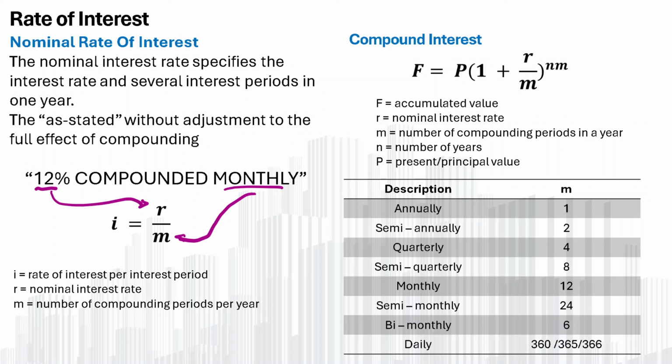Semi-quarterly, that'll be 8. Quarterly, that'll be 4. Bi-monthly, that'll be 6. Daily, that'll be 360, or sometimes 365 or 366, depending on the description. Annually, that'll be 1. And here it is usually presented in years. P here is the present or the principal value. F here is the future value or the accumulated value.